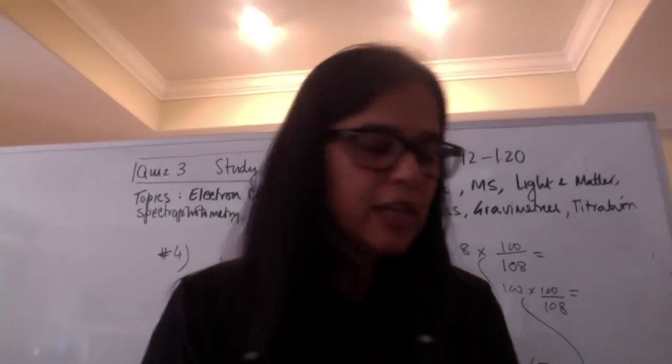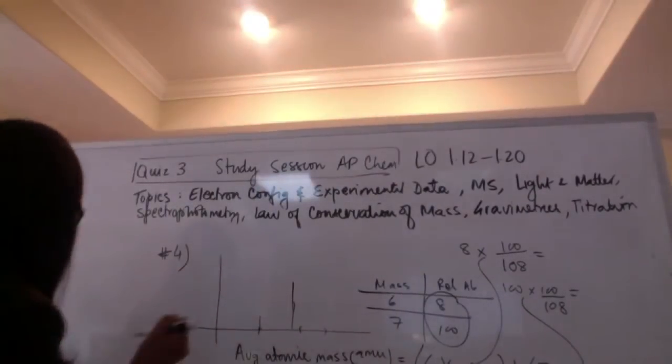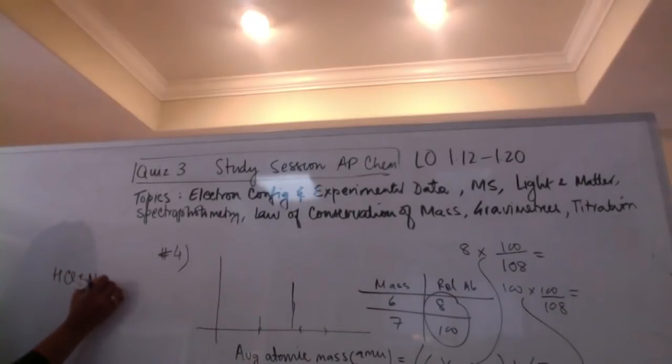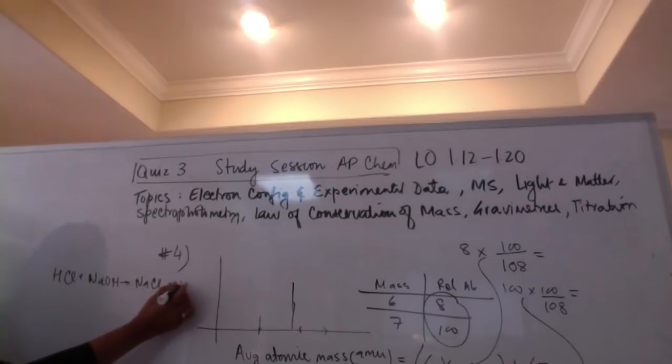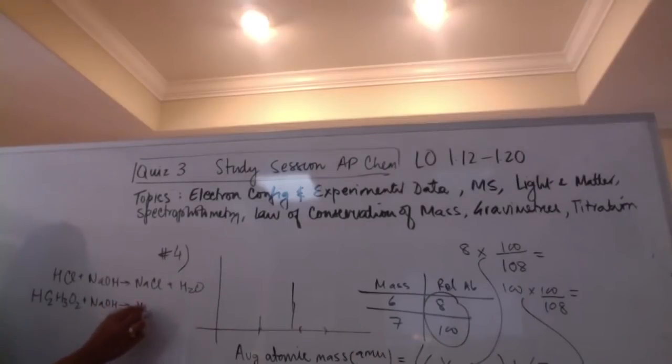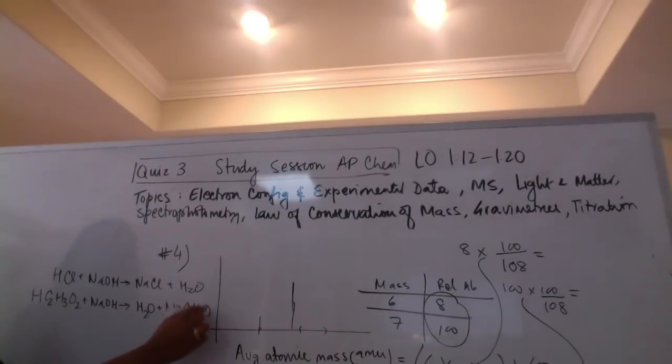Yes. So the reaction is the same, just like you know that HCl plus NaOH gives you NaCl plus H2O. It's a parallel kind of reaction, except the acid is a little bit more complicated. HC2H3O2 plus NaOH gives you H2O plus NaC2H3O2.